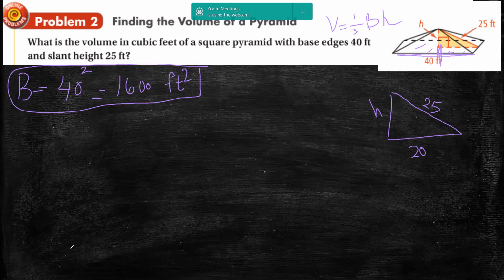So if I have 20 and 25, I can find H by the Pythagorean theorem. We said that 25 squared equals 20 squared plus H squared. So H squared is 25 squared minus 20 squared.